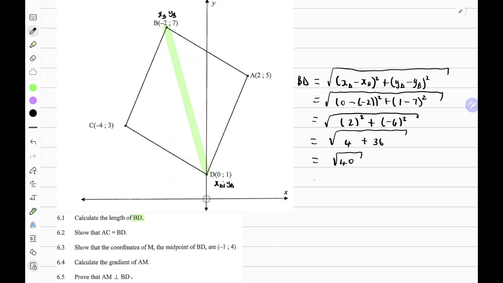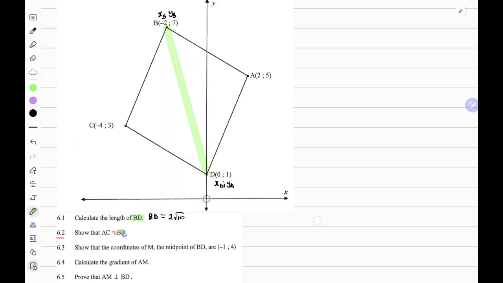But the square root of 40 can be seen as square root of 4 times 10, which is equals to 2 square root of 10 units.